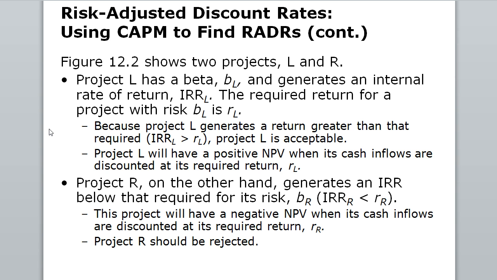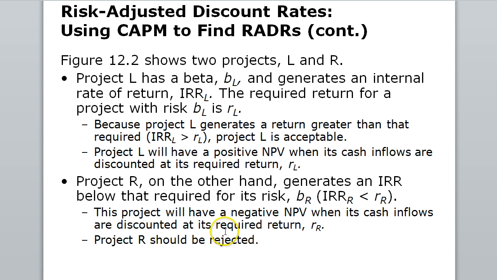A couple of things to consider: project L generates a return greater than the required rate of return, so project L will have a positive net present value when its cash flows are discounted at the required return. Project R will have a negative net present value when its cash inflows are discounted at the required rate of return. So R should be rejected.